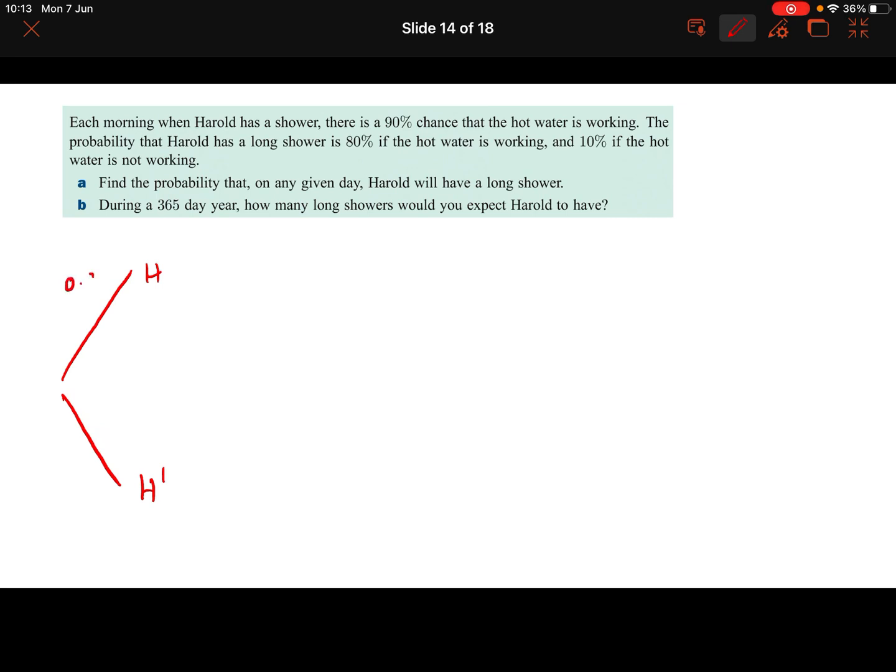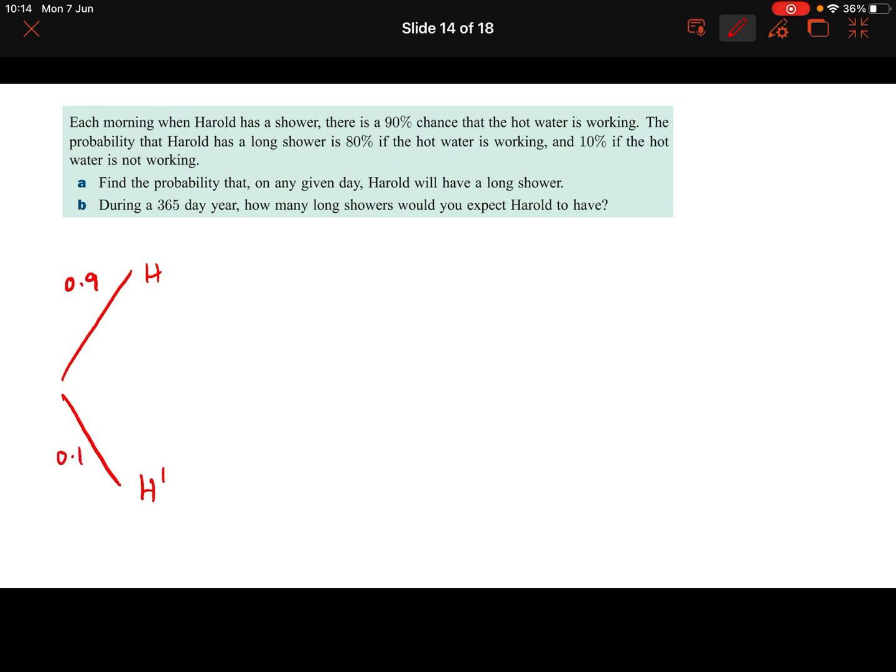Change it to a decimal, because you'll get it wrong when you try to multiply the percentages. For example, 90% times 20% is not 90 times 20. It's 0.9 times 0.2, and then change that into a percentage. Okay, so change things into decimals. And clearly, if there's a 90% chance of the hot water working, there's a 10% chance that it won't work.